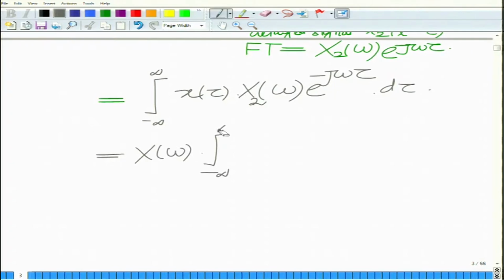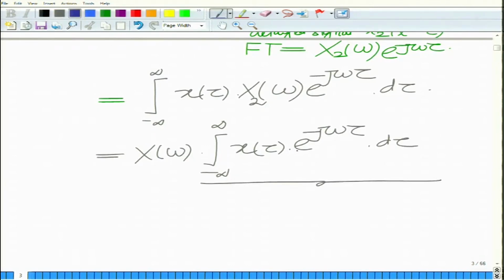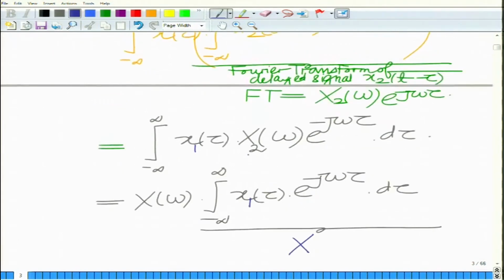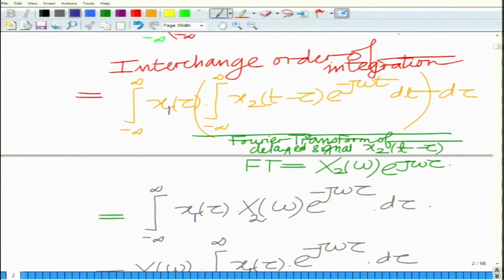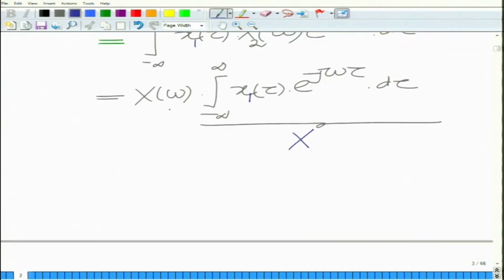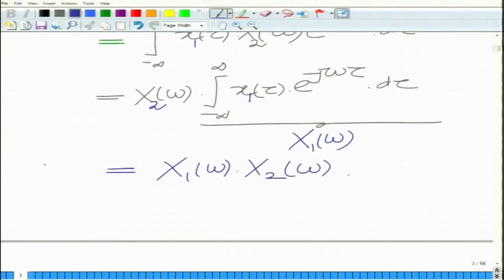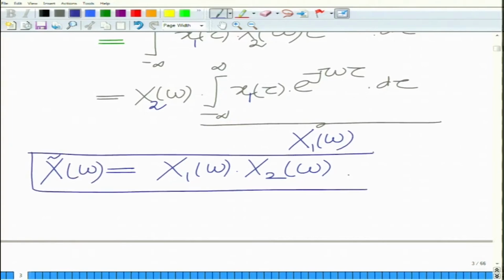The remaining integral of x1 tau e raised to minus j omega tau d tau is nothing but X1 omega. So at this point you have X1 omega times X2 omega, and that is your x tilde omega, which is the Fourier transform of the convolution of two signals.